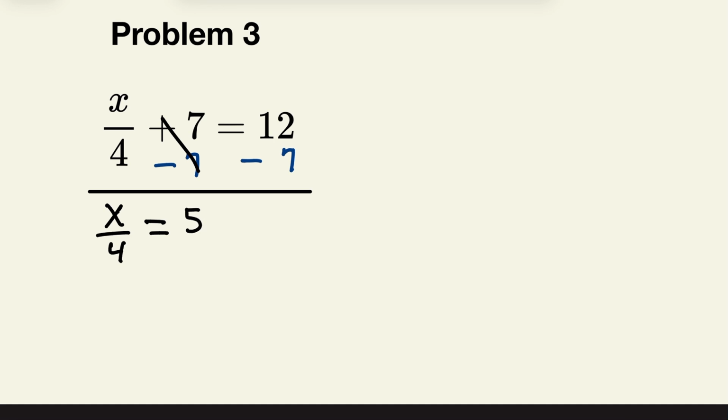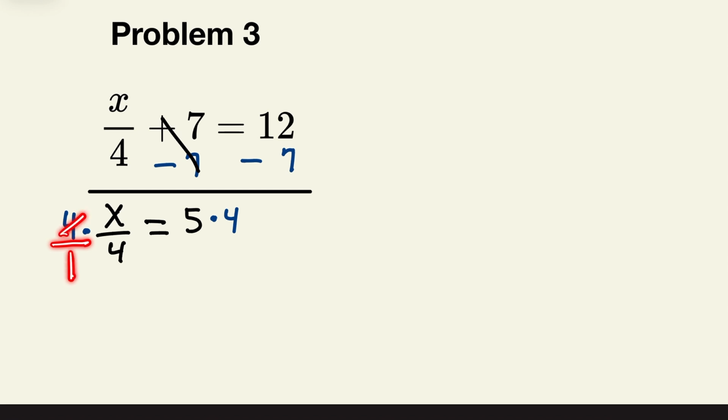Notice here that we have to undo the division by multiplying. So we're going to multiply by 4 on both sides. You can look at this as being written as 4 over 1, right?